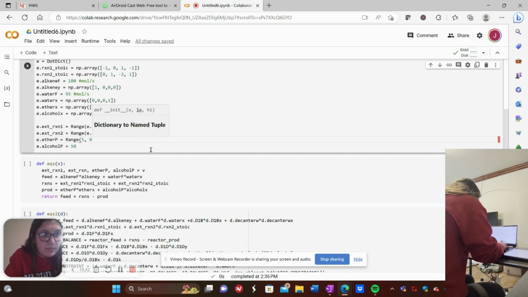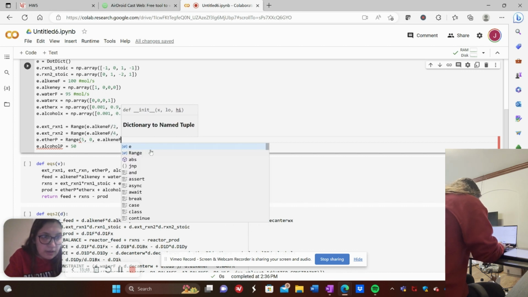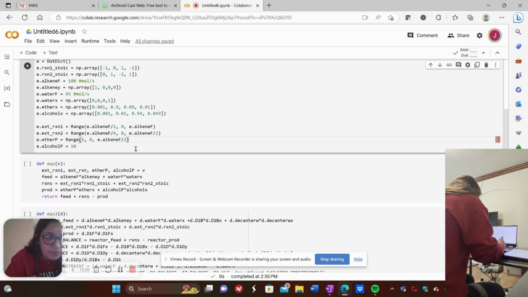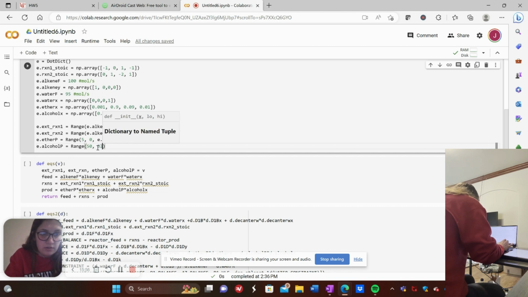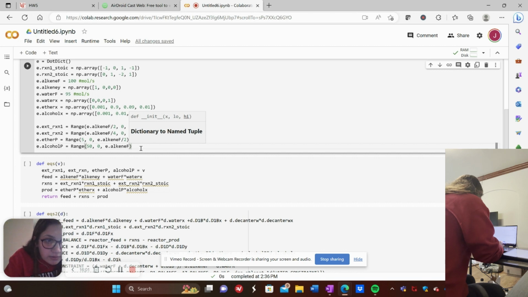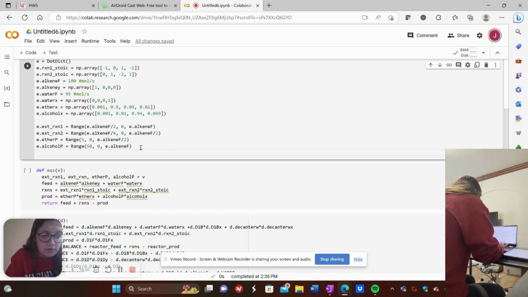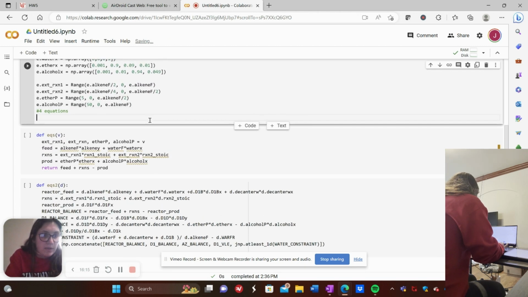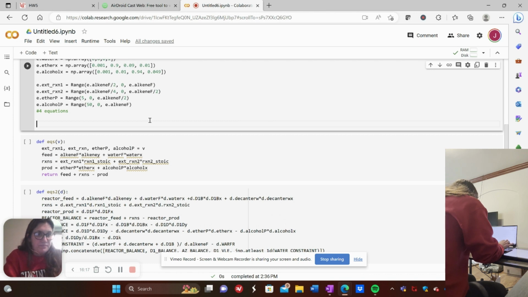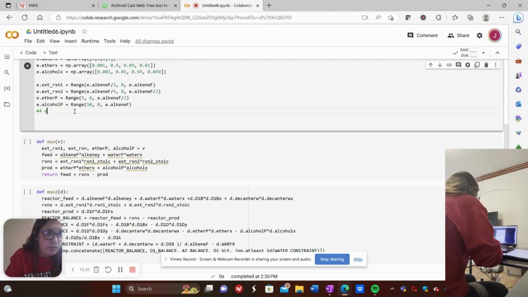So we have bound of 0 and then E dot alkene F divided by 2. And then for this one, we have range 50, 0 as our lower bound, and E dot alkene F as our upper bound. Okay, so here we have 4 unknowns.